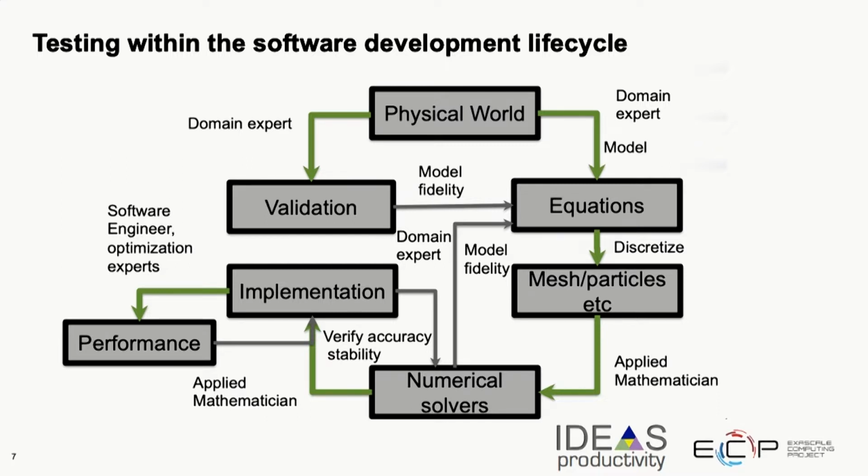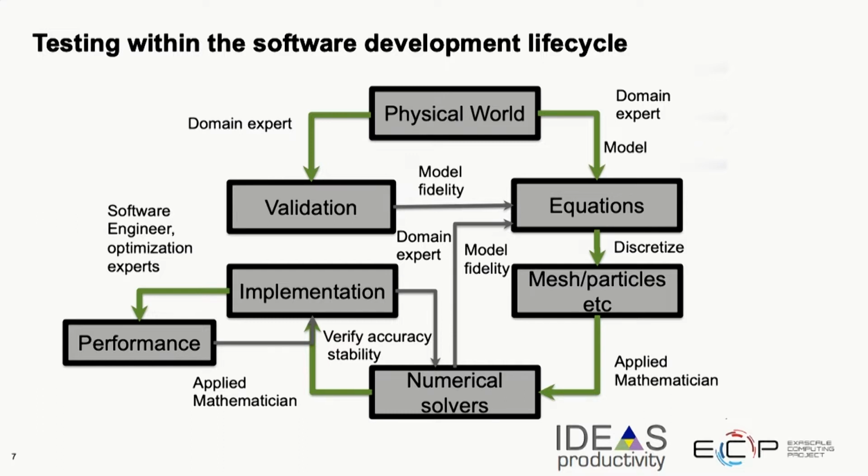There are these feedback loops, because this is not a single step sequential operation. You write your numerical solvers, and one of the tests that you have to do when you are writing numerical solvers is for stability and accuracy, order of convergence, etc., of your numerical method.